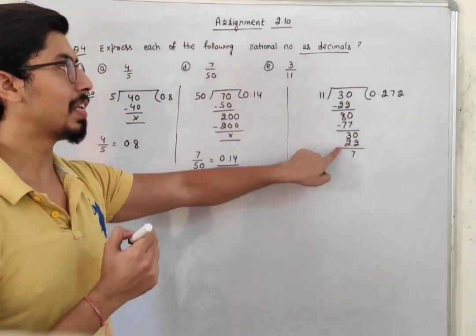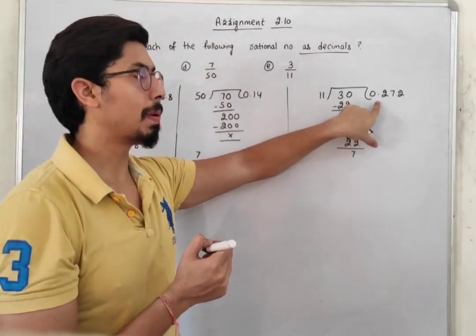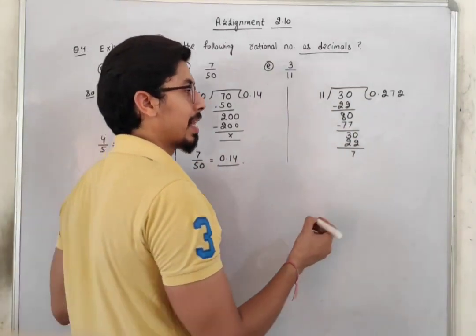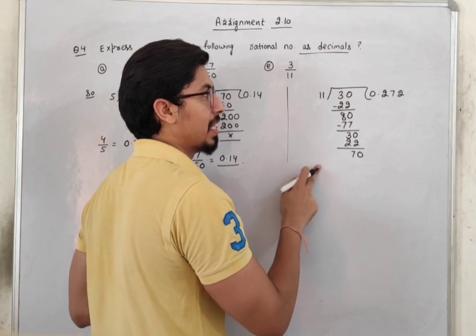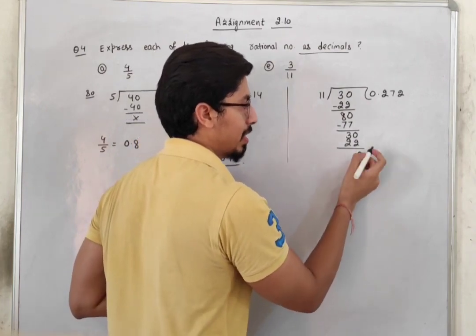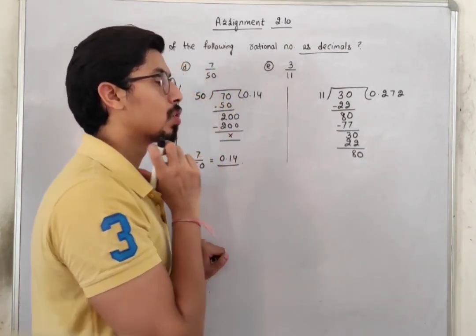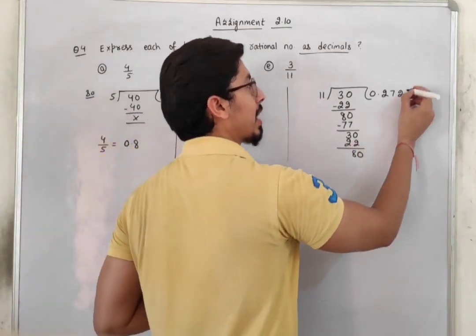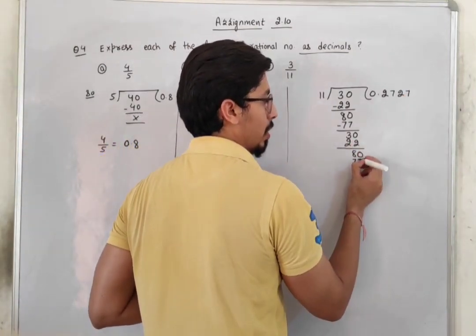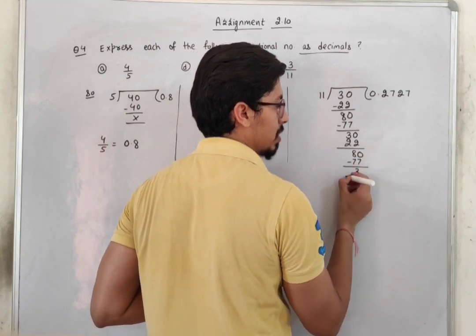Again 7 is less than 11, but we have already placed the decimal, so I can place an extra 0 again. Here we have 80, so we have to form a number nearer to 80. I will take 7 again. So it will be 77 and the remainder 3.